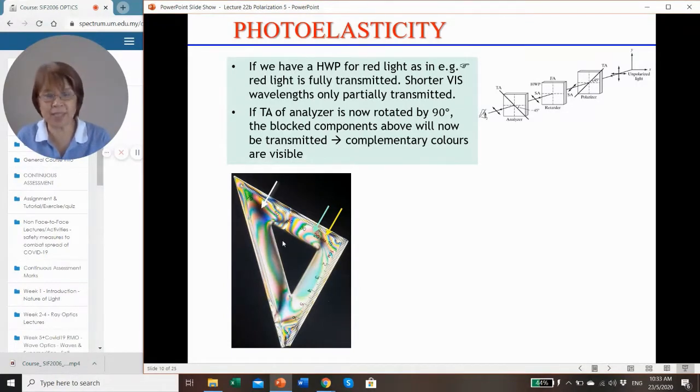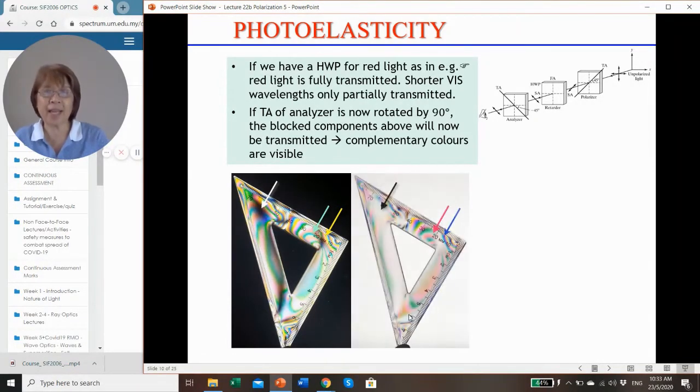So for example, look at this. This is the image showing the stress on this right angle ruler here. And this is when the polarizer and analyzer pair are crossed. Over here, they are parallel. Now let's look at the arrow where it's pointing over here.